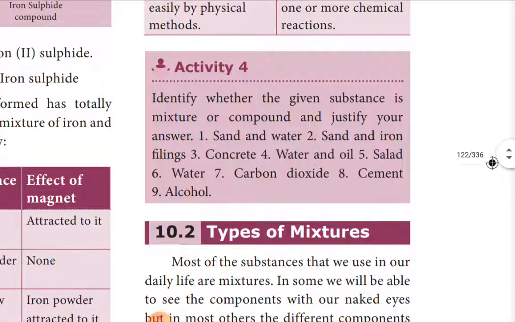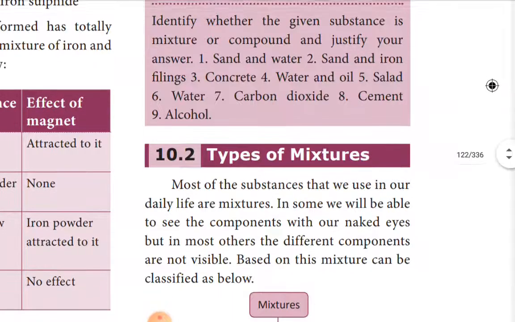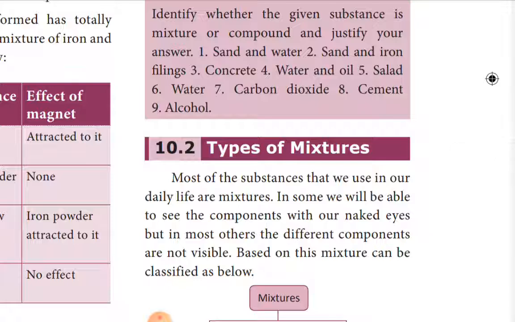Then sixth one, water. What is the formula of water? H2O. In H2O, there are two hydrogen atoms and one oxygen atom. In the water molecule, hydrogen and oxygen are combined in a definite proportion by mass. The atomic mass of hydrogen is 1, but two atoms are there, so 2 into 1 is 2.